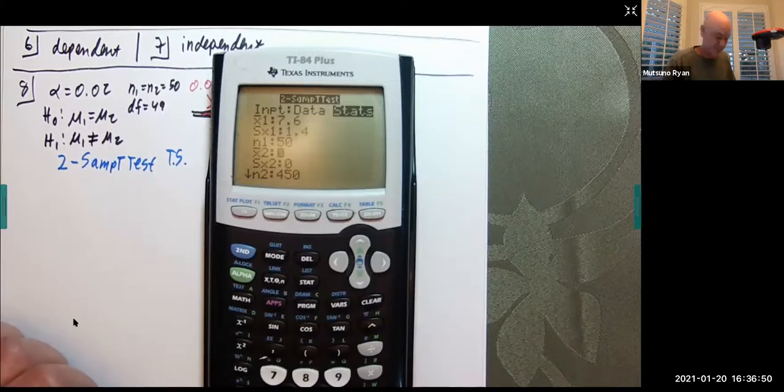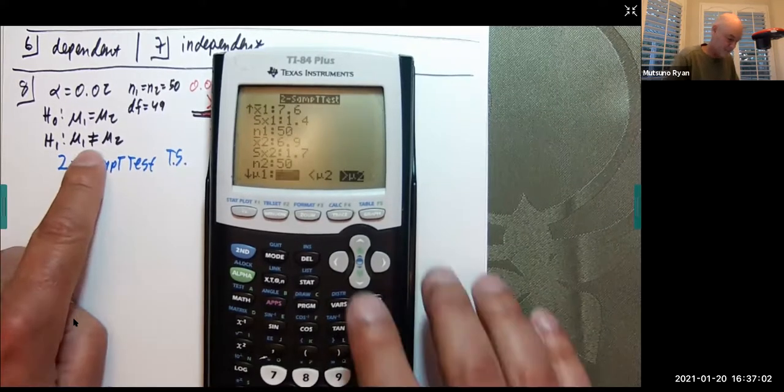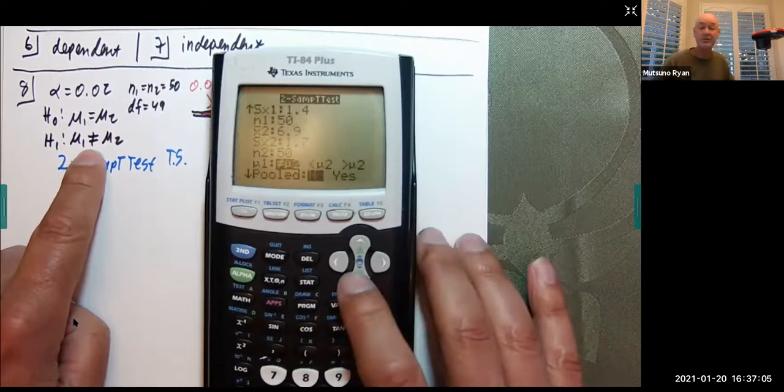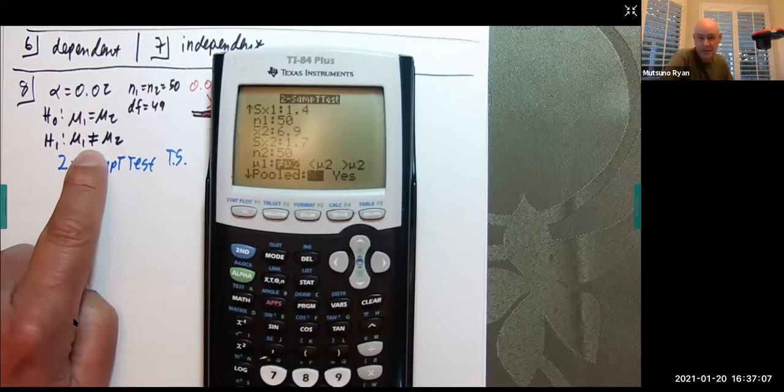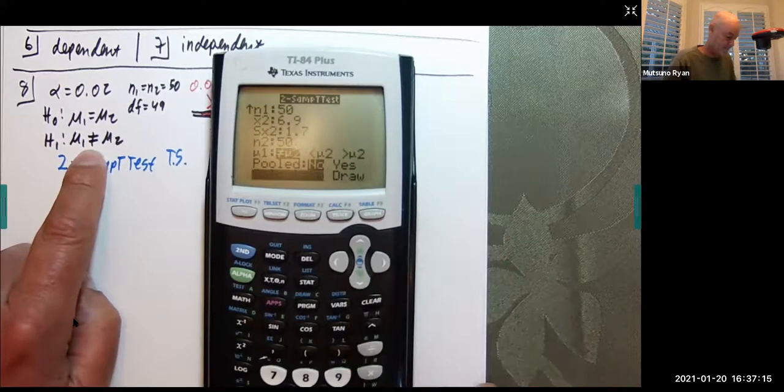X2 bar is 6.9. Standard deviation is 1.7. And N sub 2 is 50. Now this next part here is going to be not equal to. But this one here, is it pooled? The answer is no. And if you go back to the problem, it says, do not assume that the population standard deviations are equal. That means we are not pooling the standard deviations or the data. And calculate.